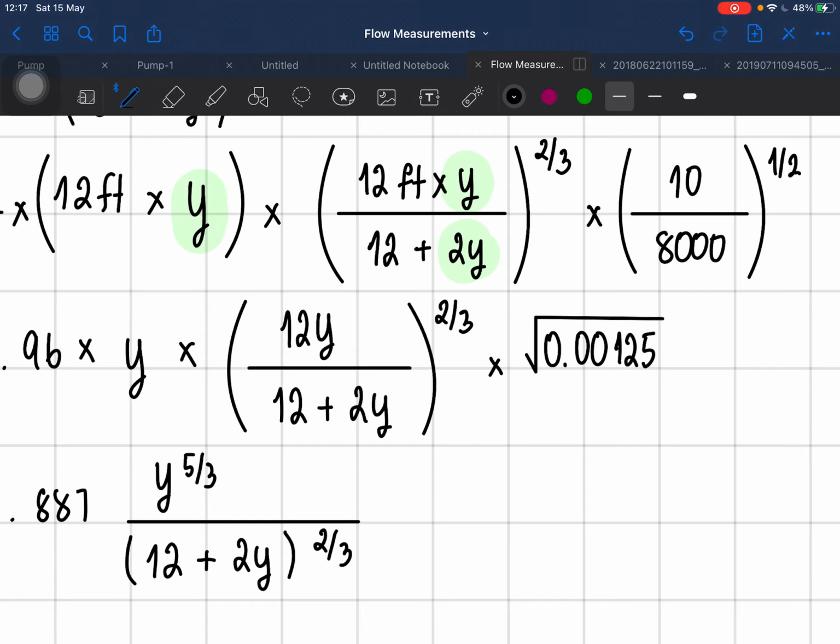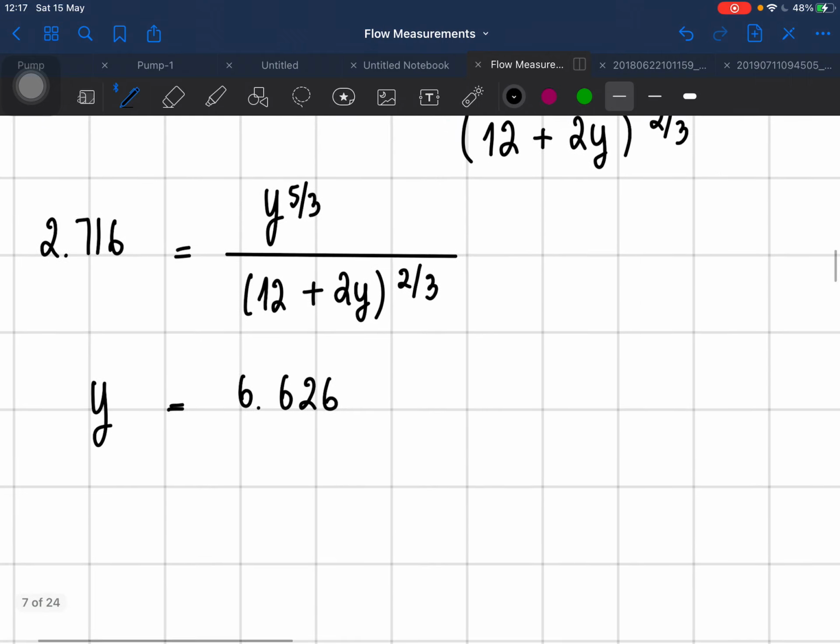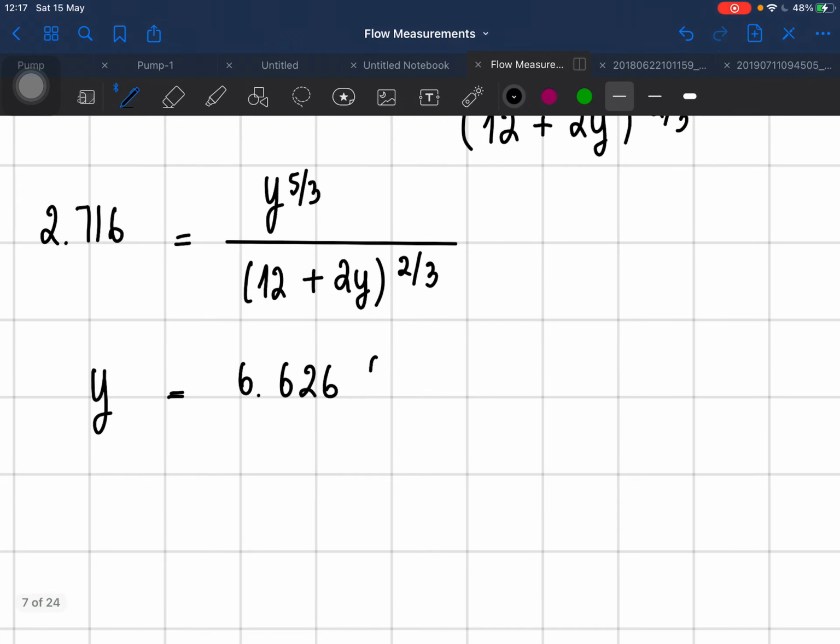Okay. Feet. Okay, so then we can see that we got the y, and that's the answer for this one.